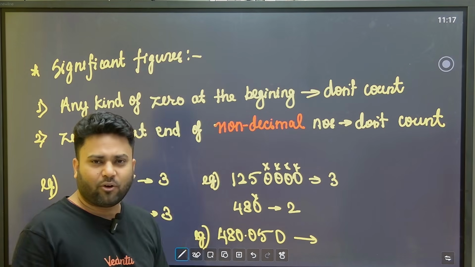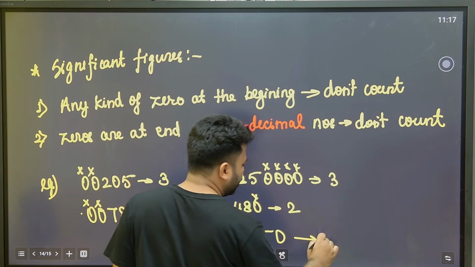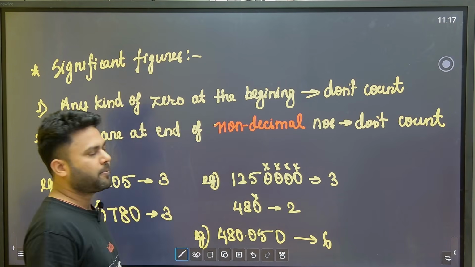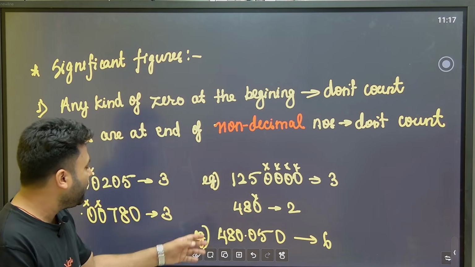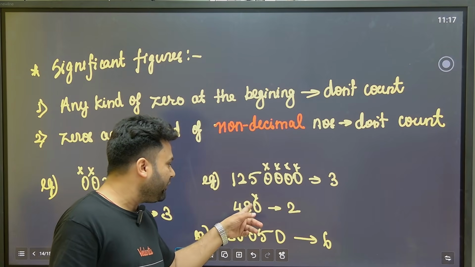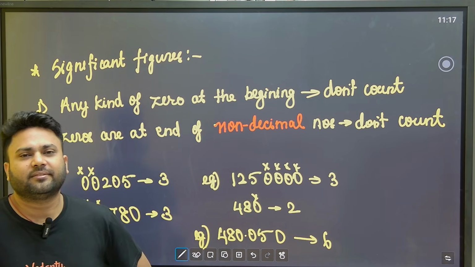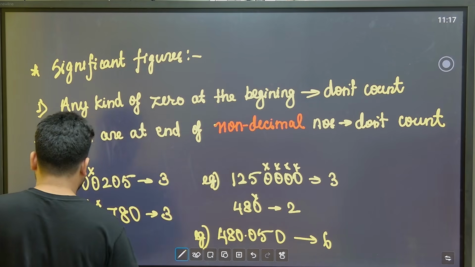Except these 2 cases, all other cases you count. So 1, 2, 3, 4, 5, 6, 6 significant figures. You will say, sir, 0 is at the end. Yes, it is at the end, but of a decimal number. If 0 is at the end of a non-decimal number, then don't count. Correct? So these are the significant figure rules.